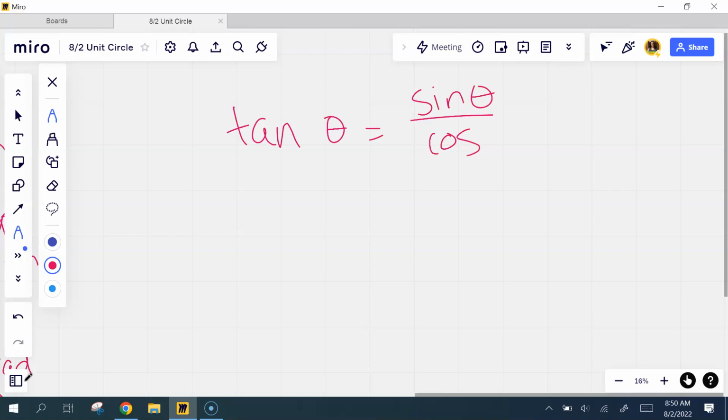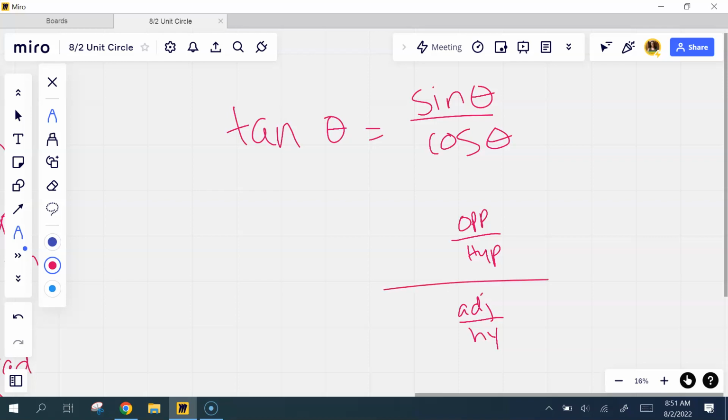Sine over cosine. And let me show you why that is. Let's use Sohcahtoa so I can show you why. Again, I don't like to just tell you stuff. I like you to understand why. Sine is opposite over hypotenuse, right? Agreed? Cosine, adjacent over hypotenuse, right?